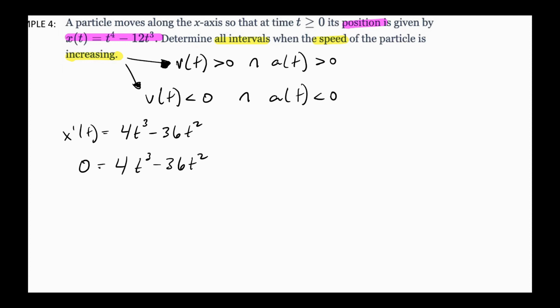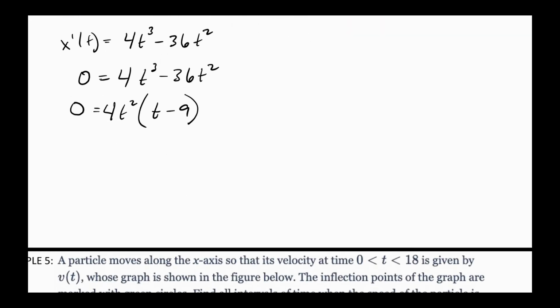It's a binomial, so there's a GCF. I can divide them both by 4t squared. That leaves t minus 9. Set those equal to 0.